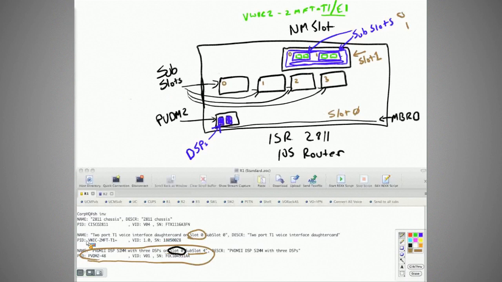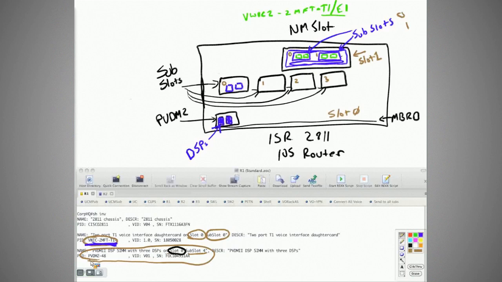So here we saw slot 0, so this is the VWIC 2MFT. We saw slot 0, subslot 0. So we know that this VWIC right here happens to be in this exact subslot.